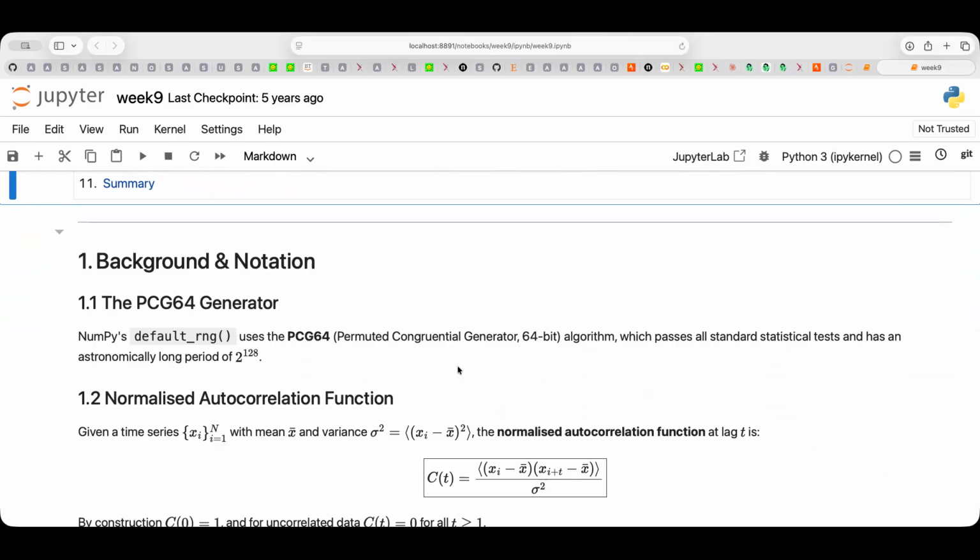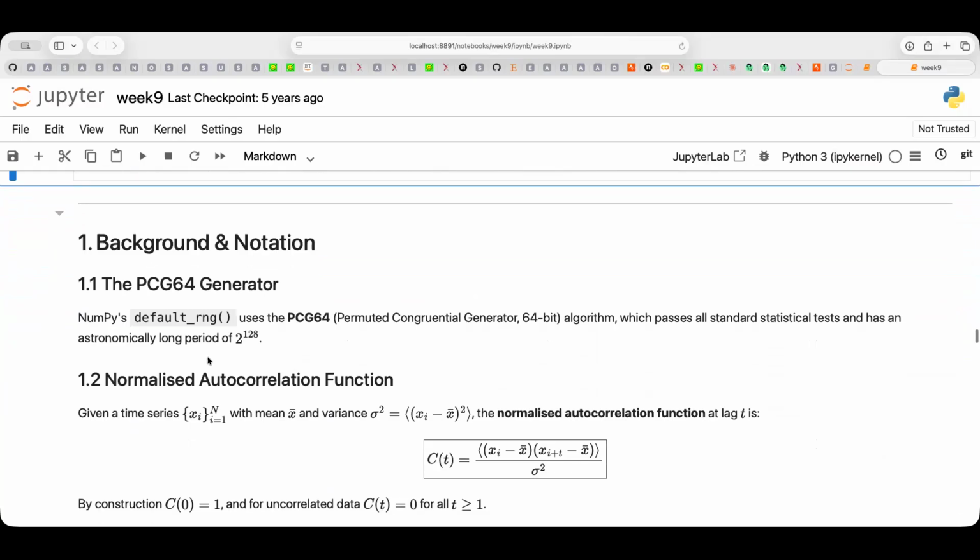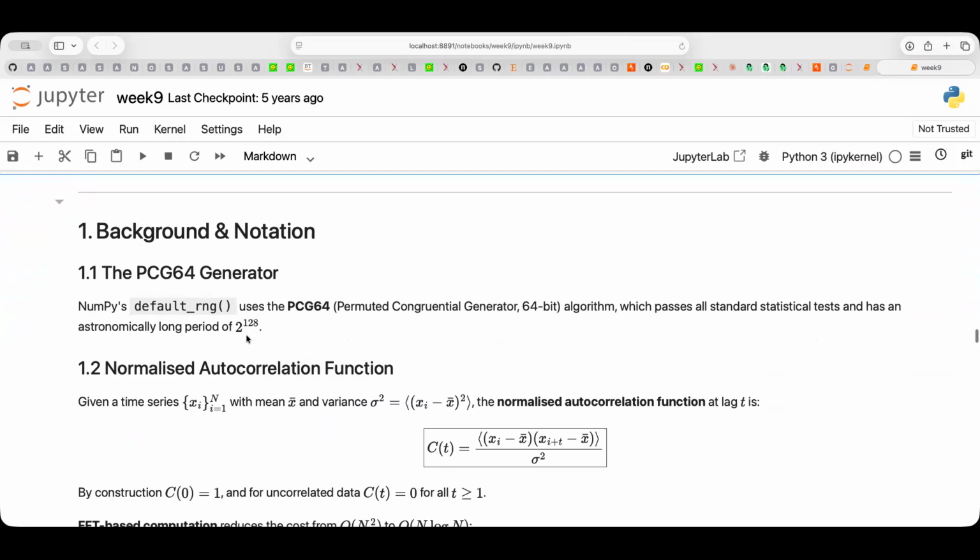I like that topic, actually. I think it's fun. This has a period of 2 to the 128. It's normally called an astronomically long period because it means that it's very unlikely that you will make a calculation with 2 to the power of 128 Monte Carlo cycles.